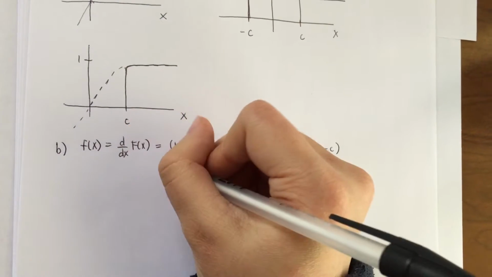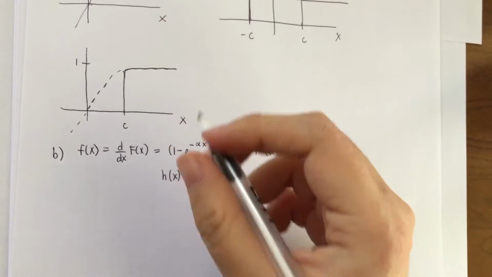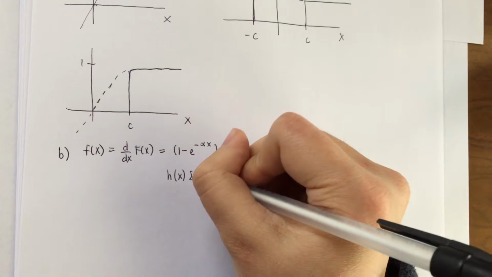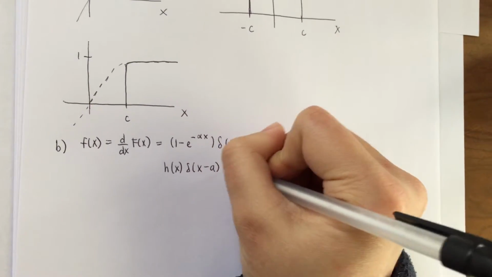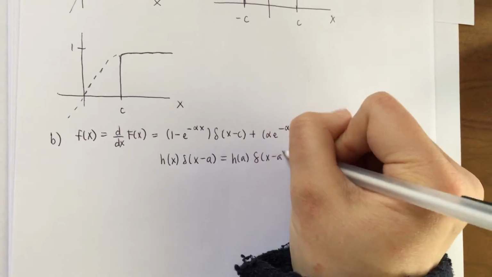And in the problem, we're given this sampling property of impulse functions, which says h of x times impulse shifted by a equals h of a times impulse shifted by a.